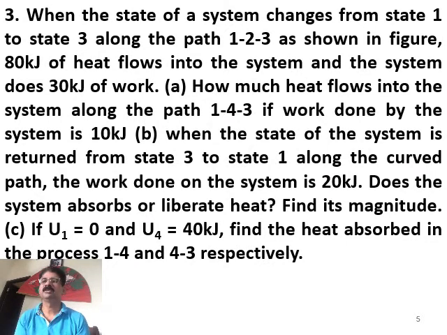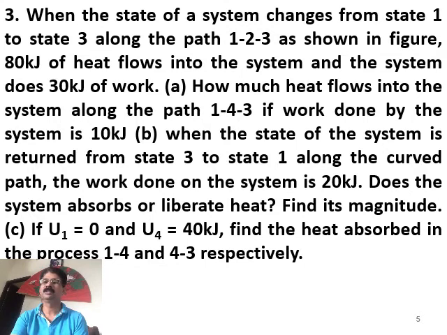Next, number 3. When the state of a system changes from state 1 to state 3 along the path 1, 2, 3 as shown in the figure, 80 kilojoules of heat flows into the system and the system does 30 kilojoules of work. A: how much heat flows into the system along the path 1, 4, 3 if the work done on the system is 10 kilojoules?